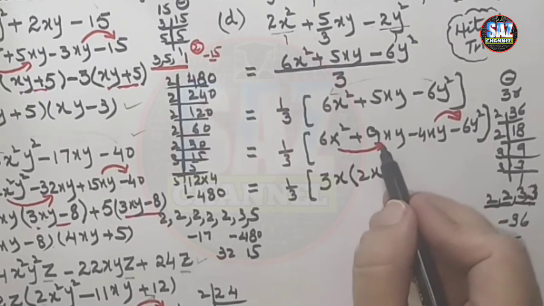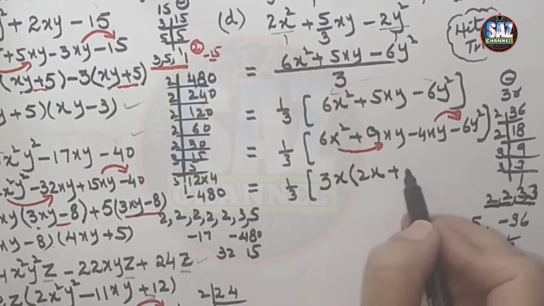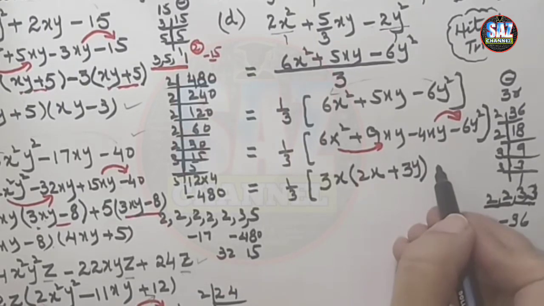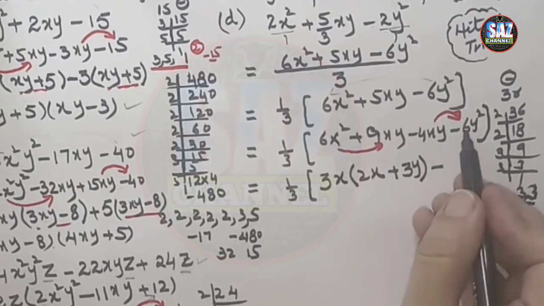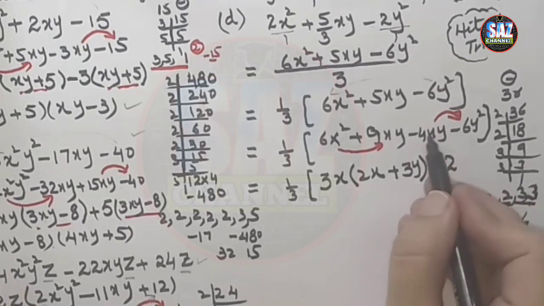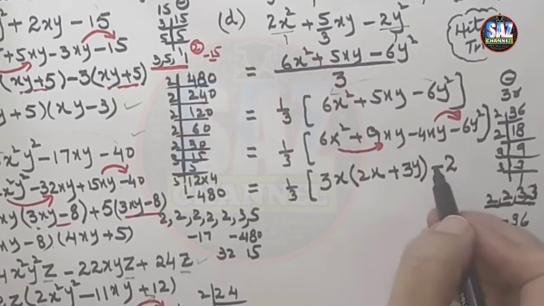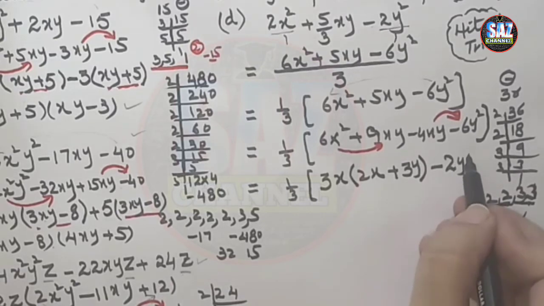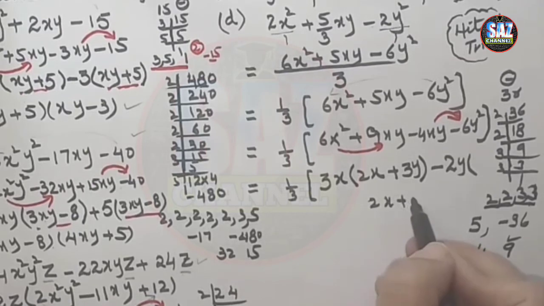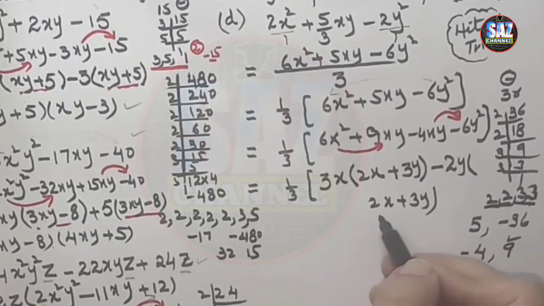From 9xy, 3 and x is out, and I'm left with 3y. Coming to the second group, from 2 and 6, I can have 2 outside. Both the terms are negative, so with minus sign, and y. And inside the bracket, I will be left with 2x plus 3y and close the bracket.